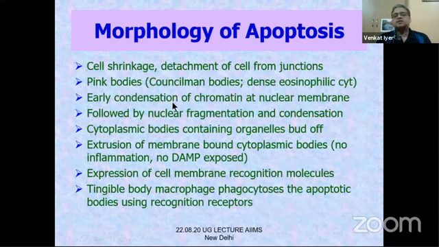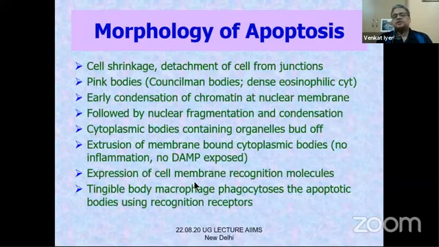There is early condensation of chromatin at the nuclear membrane, followed by nuclear fragmentation and further condensation into small, tiny pycnotic blobs. Cytoplasmic bodies containing the organelles bud off. There is extrusion of the membrane bound cytoplasmic bodies. Because they are membrane bound, the proteins within these cytoplasmic bodies do not expose the DAMPs and therefore do not elicit an inflammation.